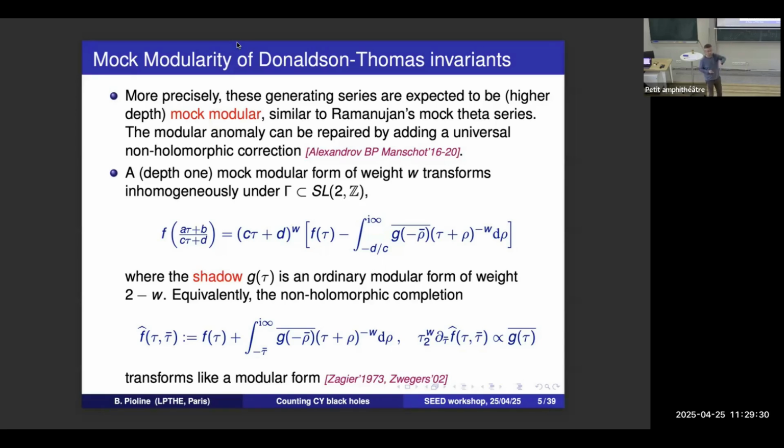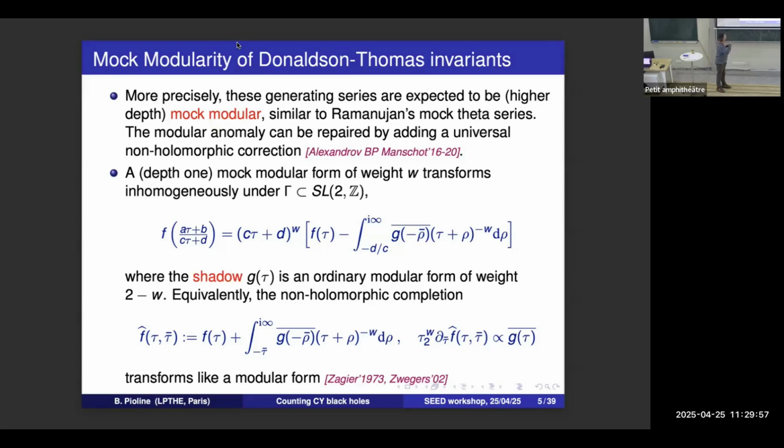It's like a reflection with respect to the vertical axis. So you integrate from minus tau bar to i infinity of this function, the shadow. And this is designed exactly so as to cancel this anomaly, but at the cost of having non-holomorphicity. In fact, you don't know a priori what the shadow is if you're just given the q series.